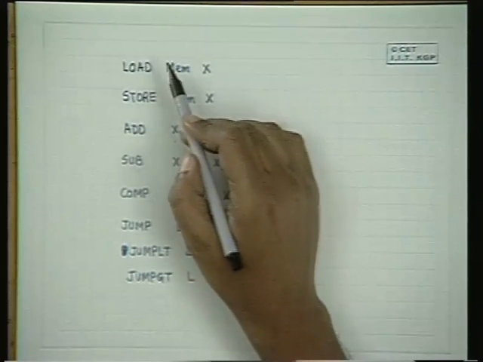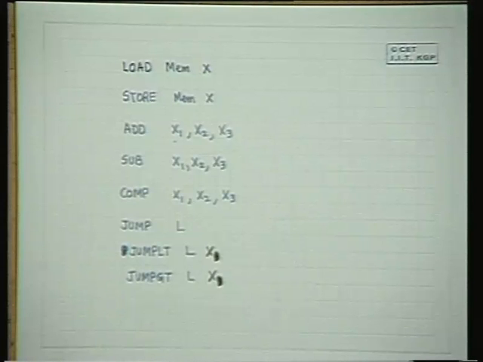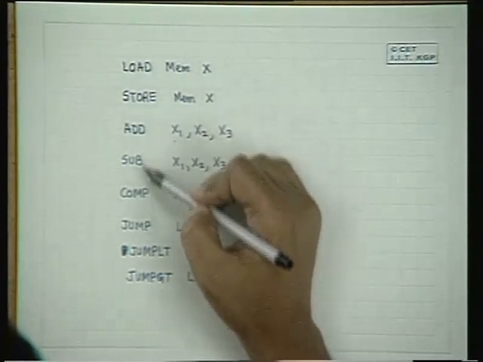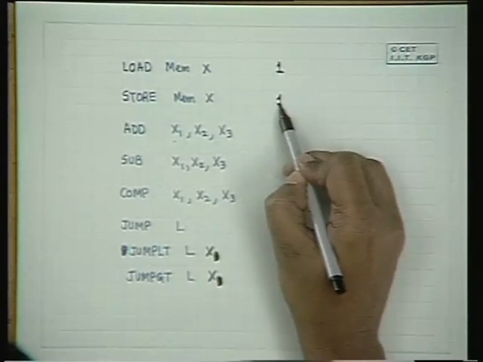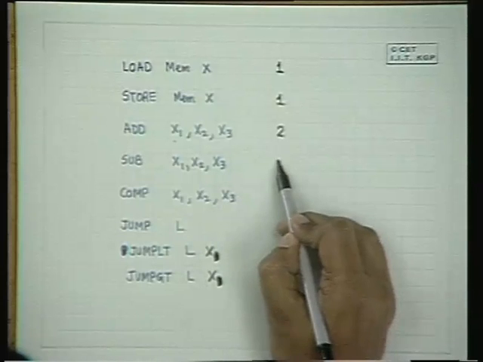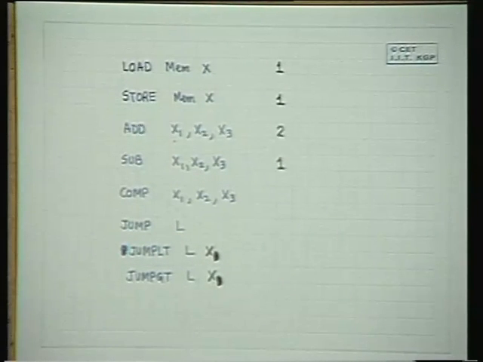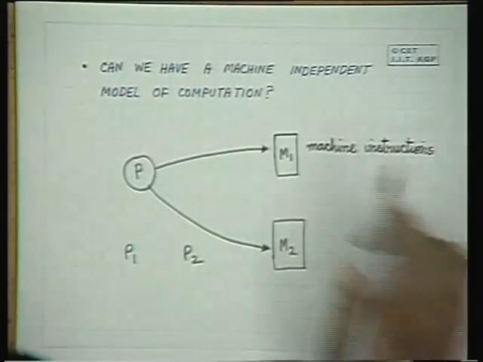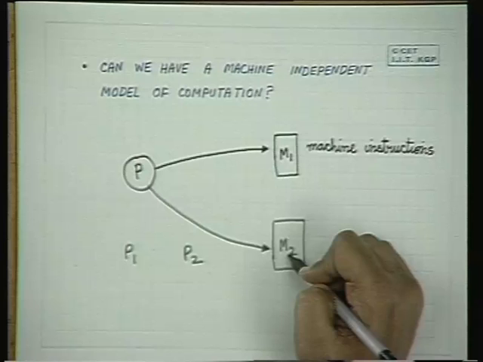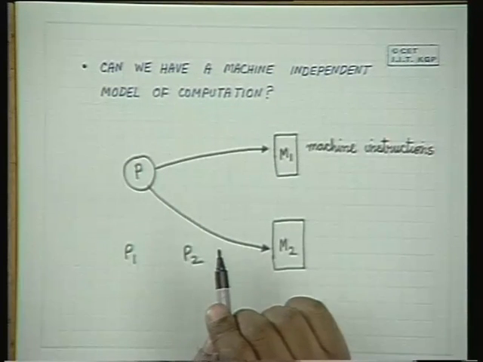Alright, so a program P1 or P2 will be converted into these machine instructions, and you can make a relative comparison between them. You can say this takes 1 time step, this takes 1 time step, this takes 2 time steps, this takes 1 time step, etc. Given this, if two machines have the same instruction set, you can compute it in terms of instruction steps.